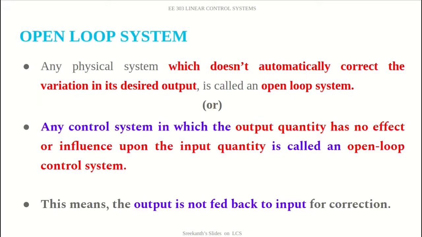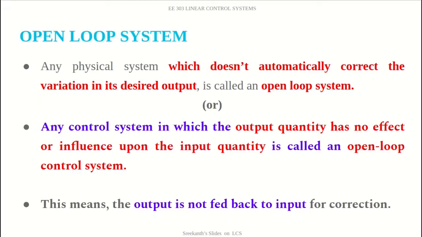Now there is another way of saying this. Any control system in which the output quantity has no effect or influence upon the input quantity is called an open loop control system. Now what does this definition take into consideration? Here the output quantity is our desired output.